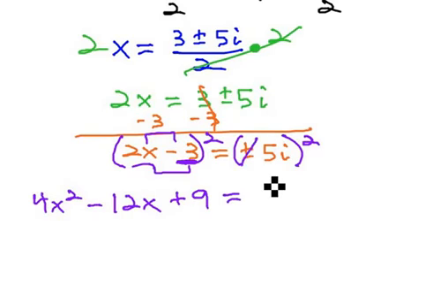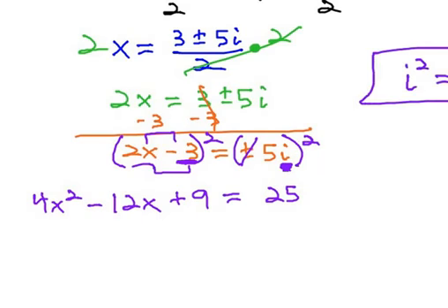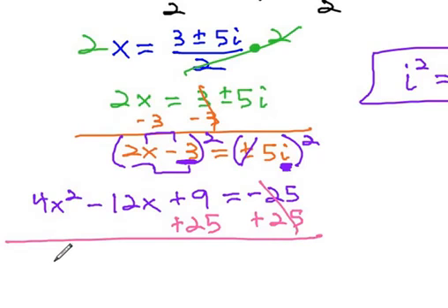Equals, when we square a plus or minus, that's gone. 5 squared is 25, and then we also have i squared. And if we remember that definition, i squared is equal to negative 1. That means that's going to make this a negative 25. We can finish it off then to find our final equation by adding 25 to both sides.